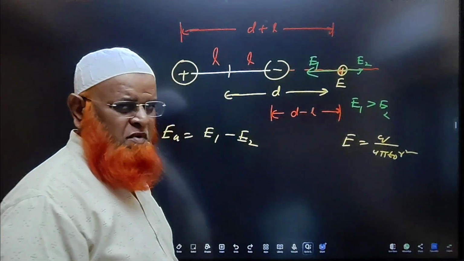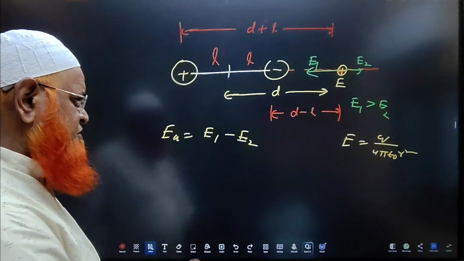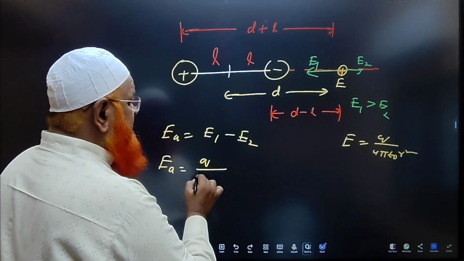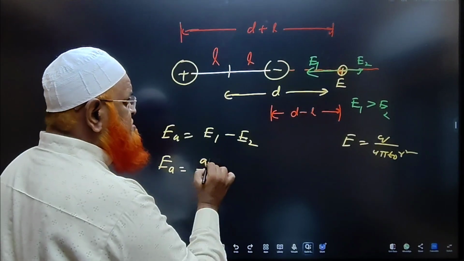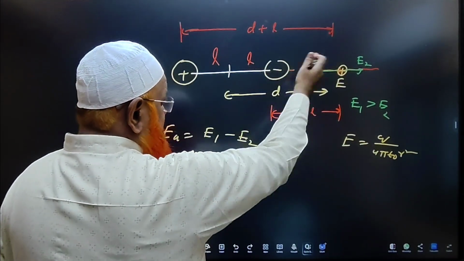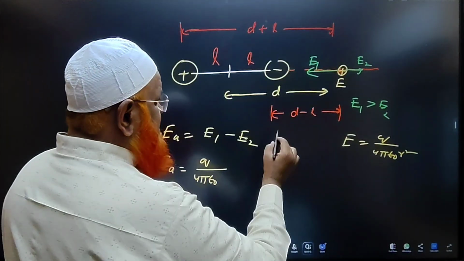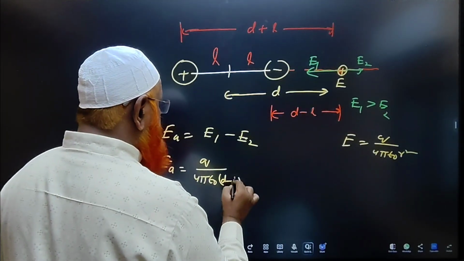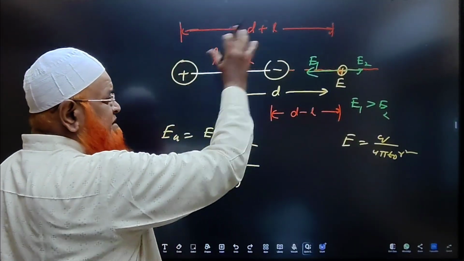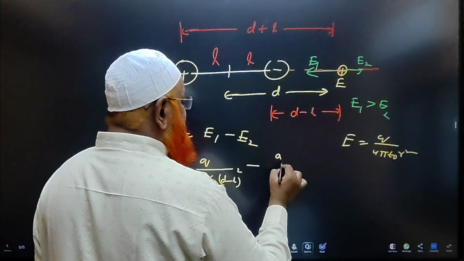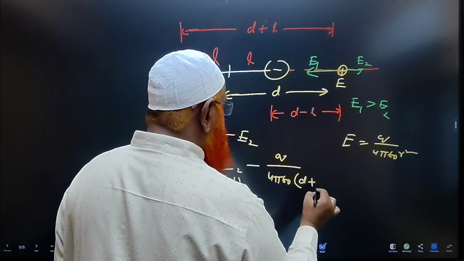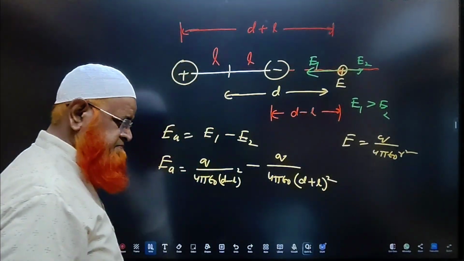In this case, E1 is Q by 4 pi epsilon naught, because of the negative charge attraction, and the distance here is d minus L whole square. Minus E2, which is because of the same charge that is very far, I am considering as Q by 4 pi epsilon naught d plus L whole square. Am I right or not?